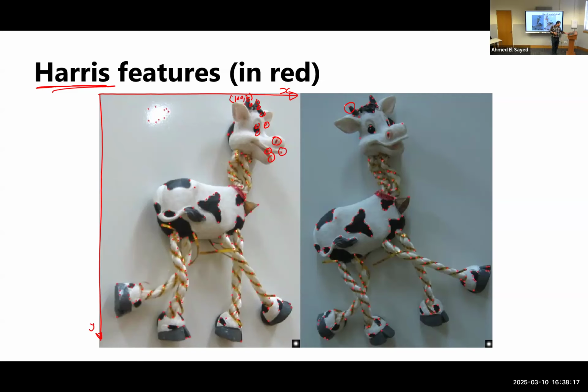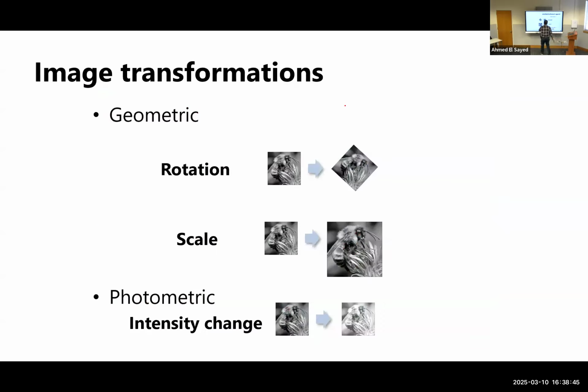But I need to define something called feature invariance. What does this mean? If I change or generate another variation from the same image, will I have the same feature points at the same location, or will it change? If you think about this problem, you will see that I can change the image in two ways.